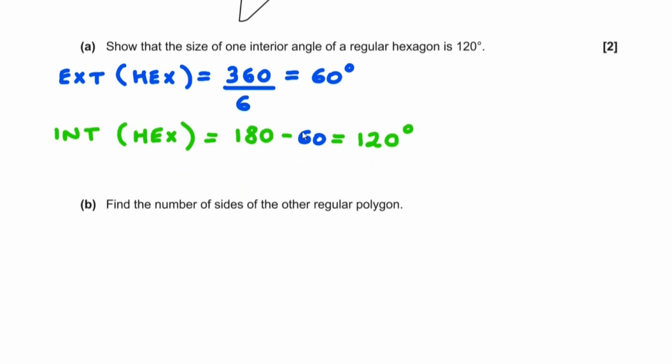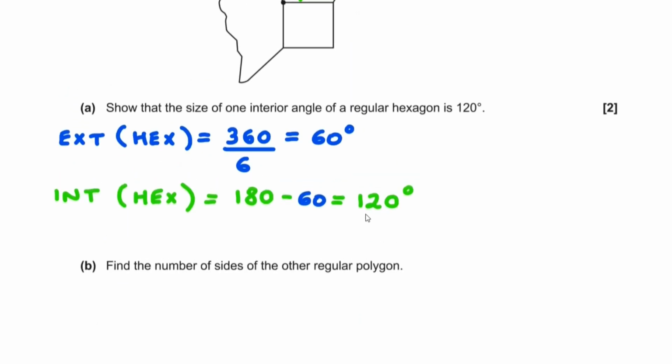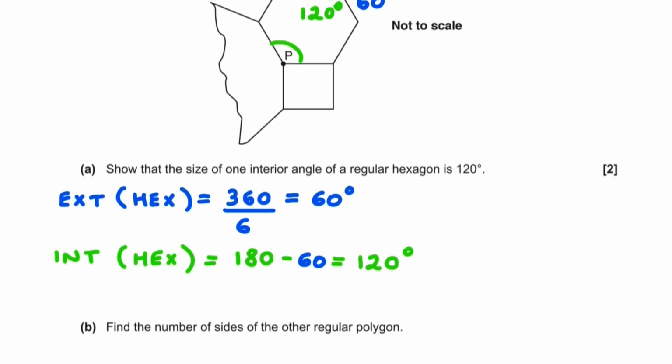Part B, find the number of sides of the other regular polygon. The first thing we can do is use the fact that angles around a point sum to 360. So we've got this 120, and we've also got this angle, and we can find this missing angle here. We'll call it x.